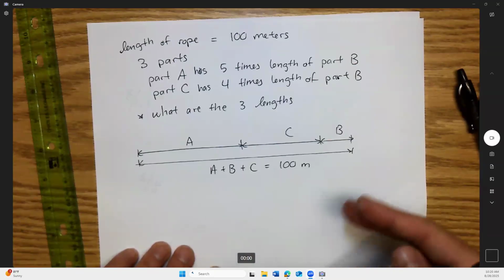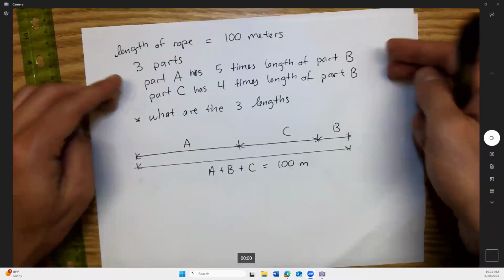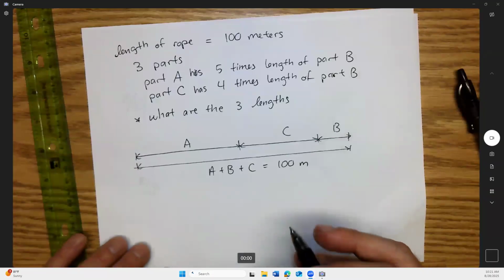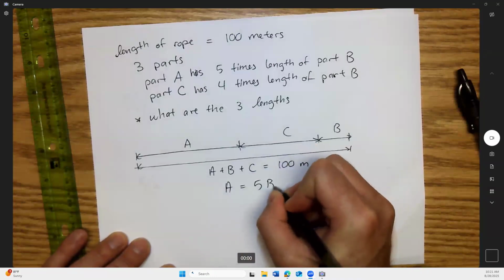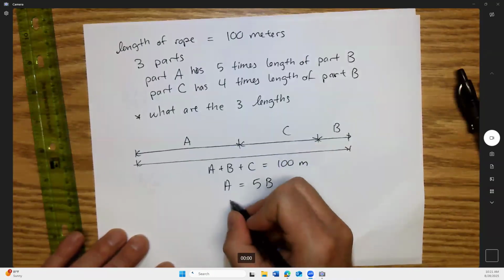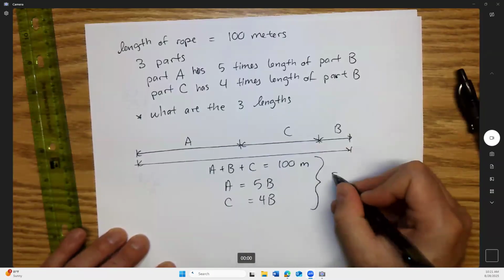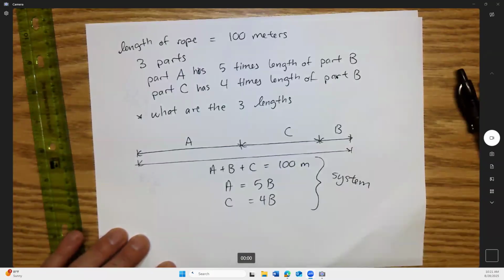But I need 2 more equations to chase down the exact values. Now, how can I take these sentences and translate those into mathematical equations? What do you think? A equals 5B. Yeah. And what else? C equals 4B. Yeah, that's it. There's my system right there. I think I can solve the whole thing with that system of equations.